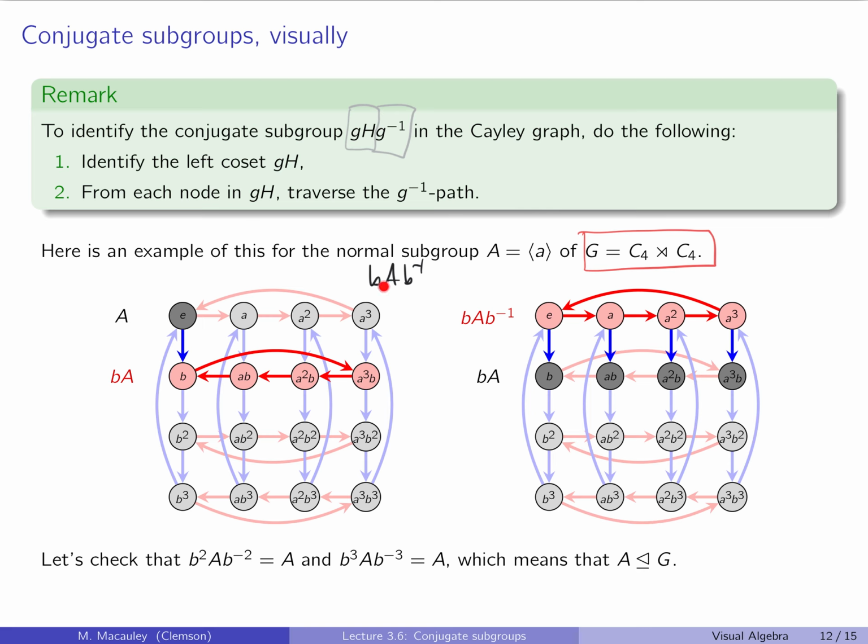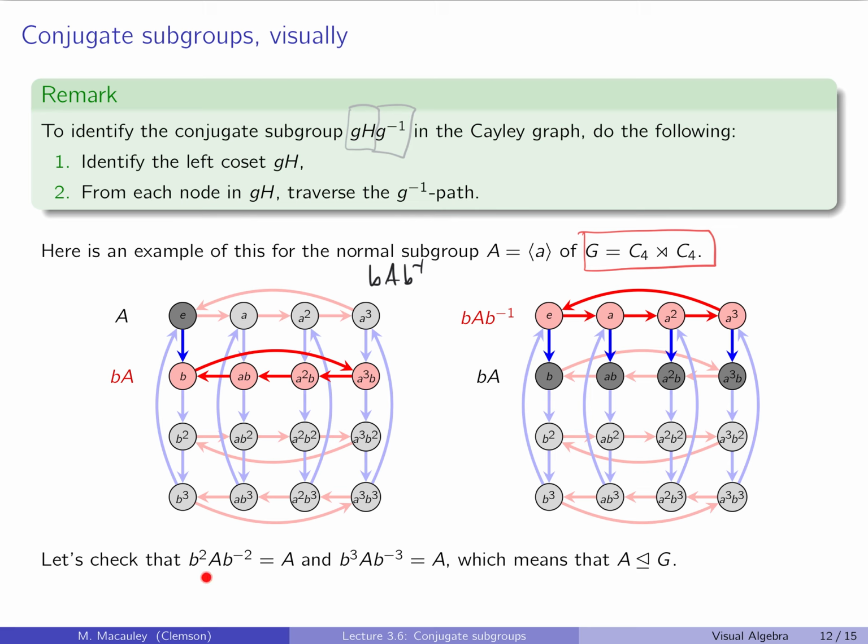So B A is the left coset, starting at B, doing all the A paths. We're right here. And then let's do the B inverse path from each of these nodes. So that's backwards blue. From this coset, we do backwards blue. And that brings us back to where we started. So again, B A backwards blue gets us back here.